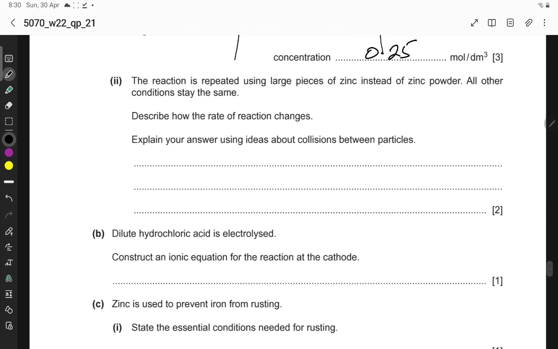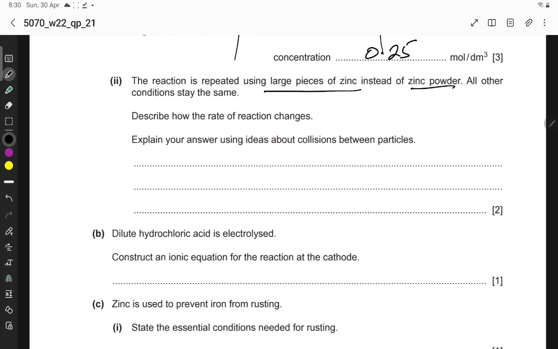The reaction is repeated using large pieces of zinc instead of zinc powder. All other conditions stay the same. Describe how the rate of reaction changes. Explain your answer using ideas about collisions between the particles.